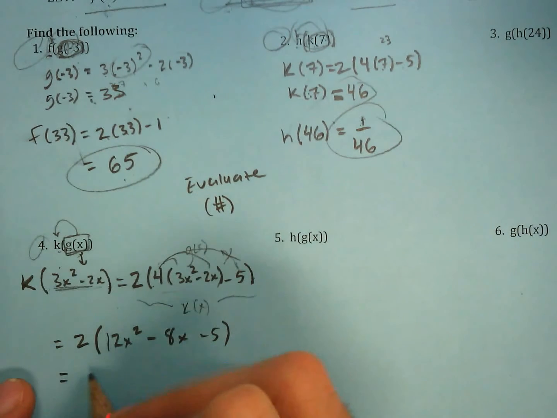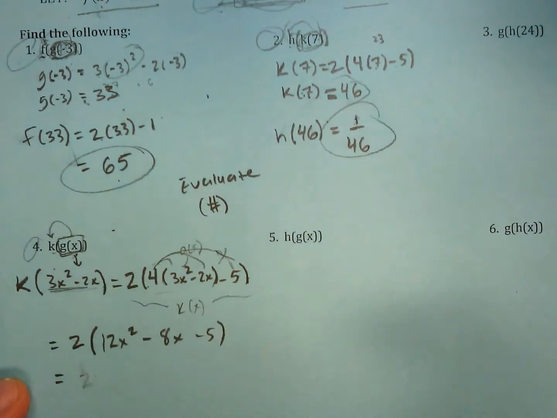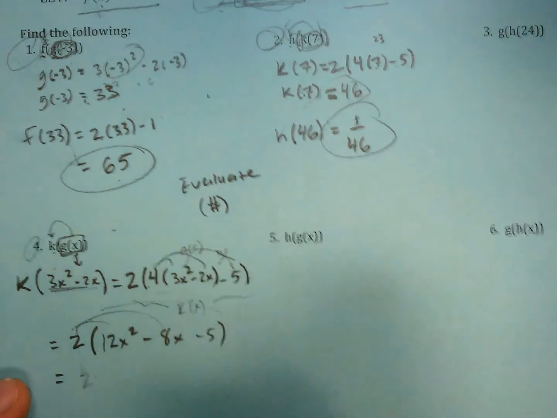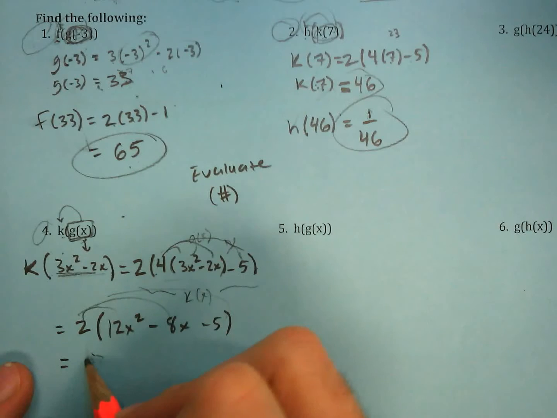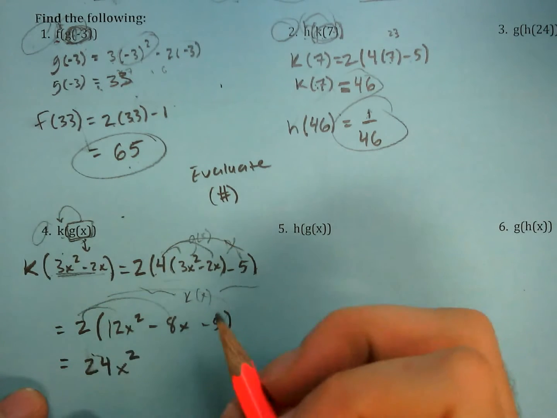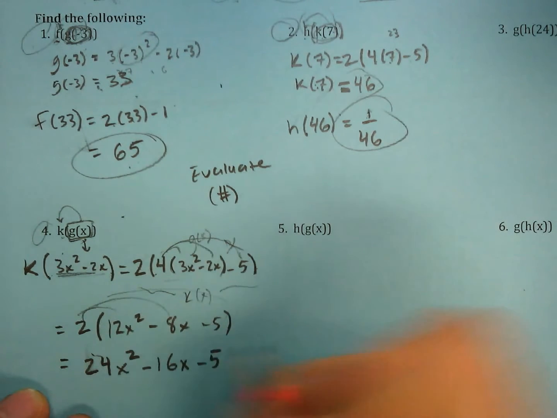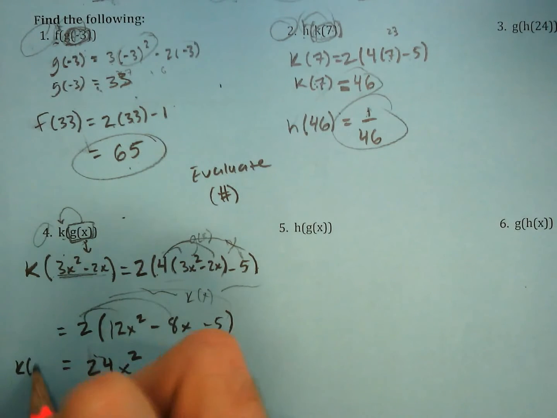And then we're almost done. Oops. I'm doing the multiplication here. So distribute the 2 through the parentheses. Oh, I did. That's why I wrote a 2, because it's 24. It's a little early, guys. Sorry. 24x squared minus 16x minus 5. This is k of g of x.